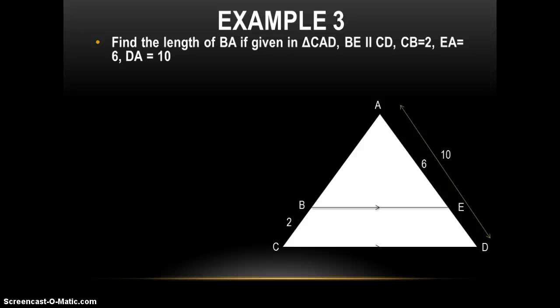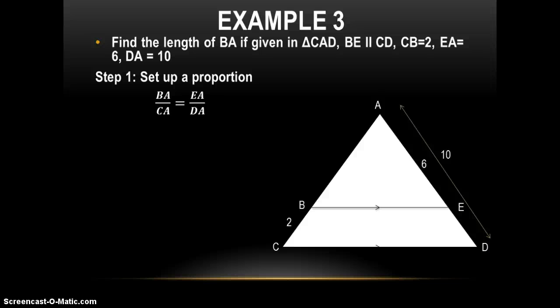So example 3. We want to find the length of BA if given in triangle CAD, BE is parallel to CD, CB equals 2, EA equals 6, and DA equals 10. So step 1, we want to set up a proportion.